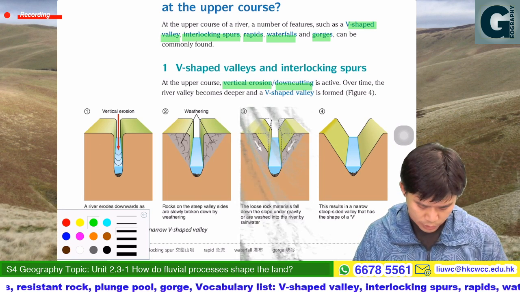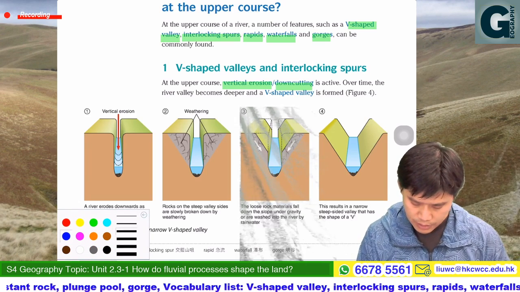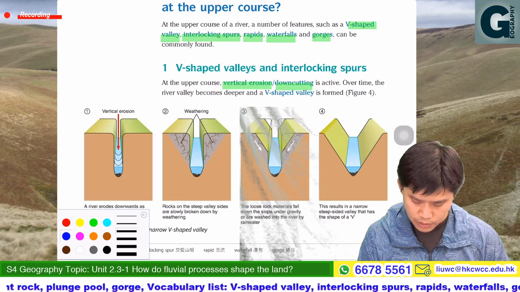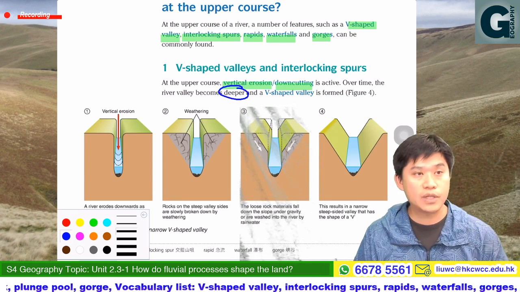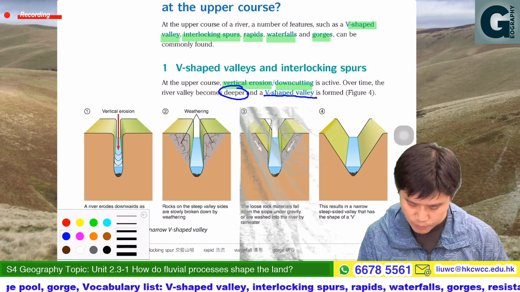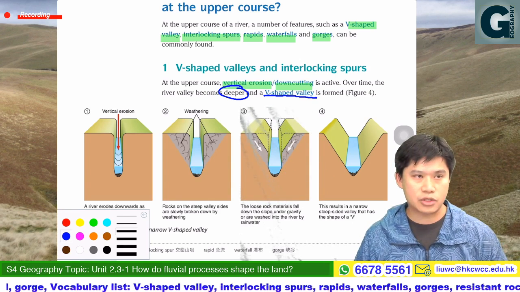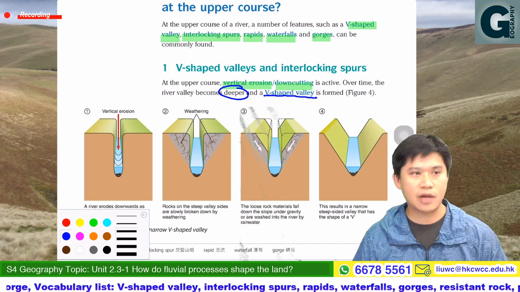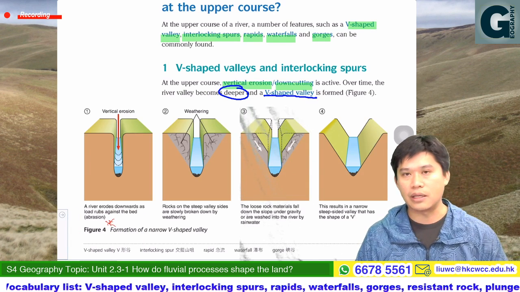Therefore, under the influence of vertical erosion, when the river valley becomes deeper, or the shape of the valley becomes V-shaped, that would lead to the V-shaped valley. And V-shaped valley mainly occurs in the upper course.